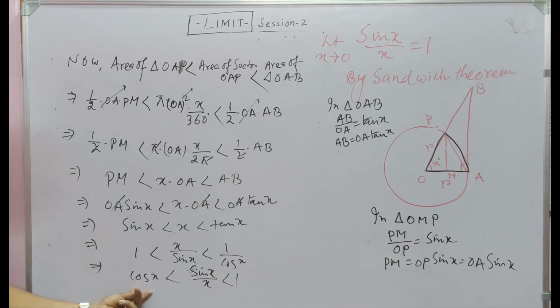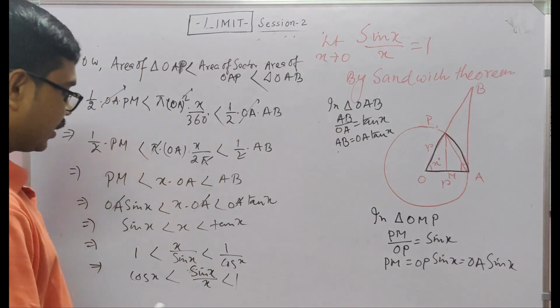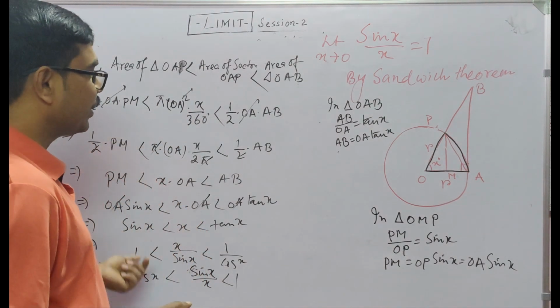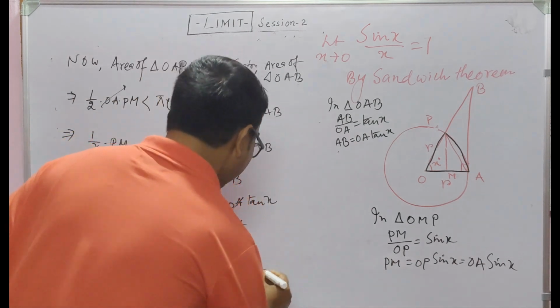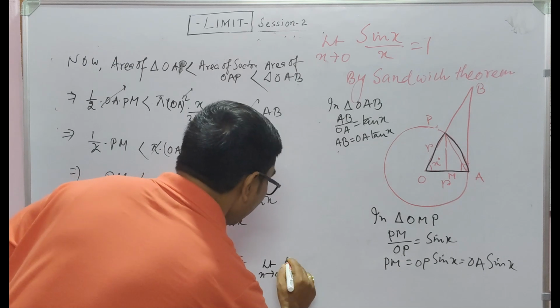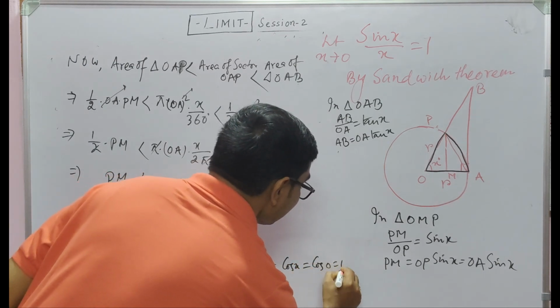That is the f of x function, h of x function, and g of x function. Now consider the limit, x tends to 0 of cos x equals cos 0, that is 1.